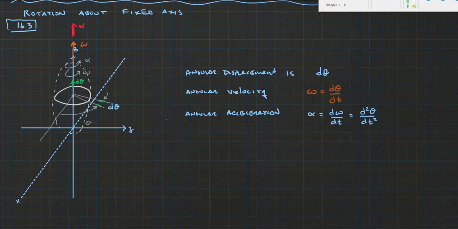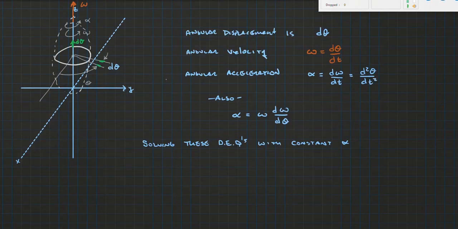And because of that, we could also play around with these like we did before and derive this guy, alpha equals omega d omega over d theta, which is analogous to acceleration equals v dv dx.